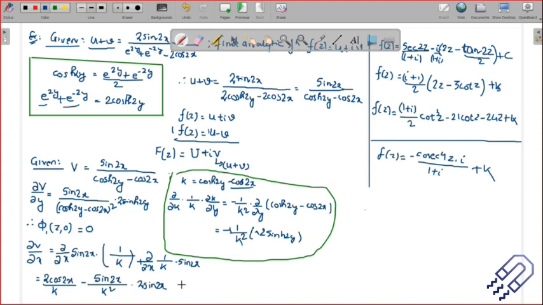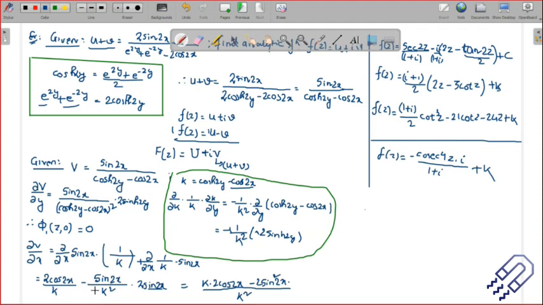So that means my del v del y is equal to k into 2 times cos of 2x minus sine of 2x into, right, so this is sine 2x, this is sine 2x, so we can take square of this, and 2 times this is 2x, this is also sine 2x, so 2 sine 2x square divided by k square.